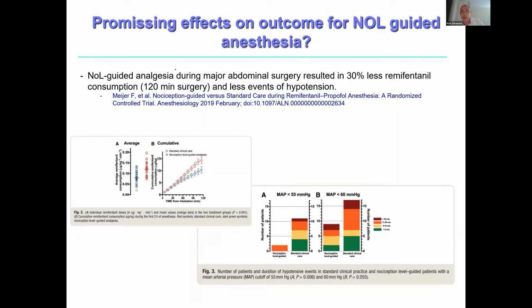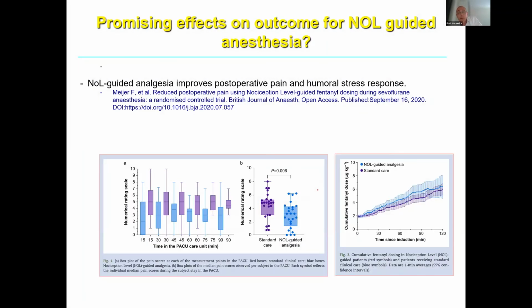In the first study, where they used propofol and remifentanil in TCI, they already noticed a 30% decrease of the cumulative remifentanil consumption in a 2-hour anesthesia. And even throughout the surgery, there was a clear decrease of severity and duration of hypotension, which is an interesting outcome difference.